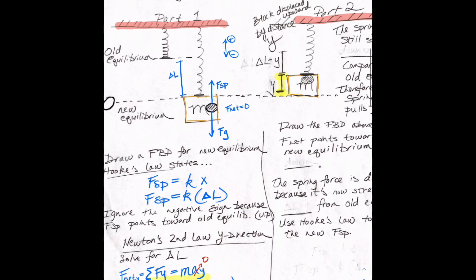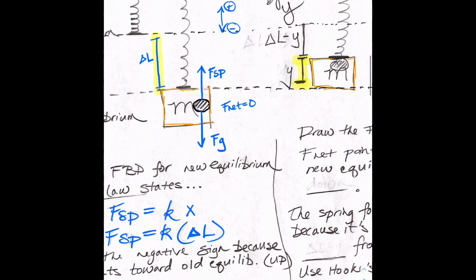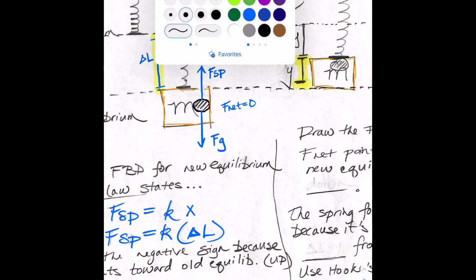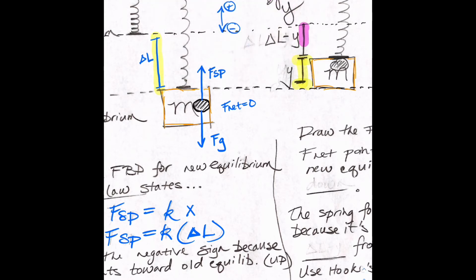But if we think about how far the mass is from old equilibrium, which is kind of tricky to think about, from old equilibrium, if this is delta L, let me highlight it really quick. If this is still delta L over here, you can see that, then the distance that this is right here, let me highlight this in pink maybe.